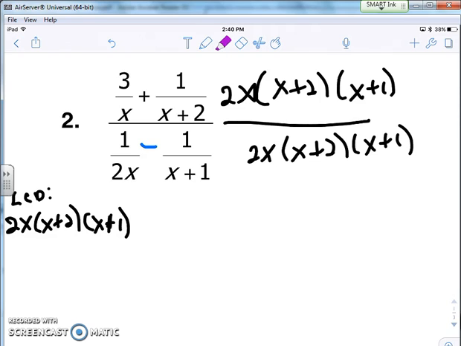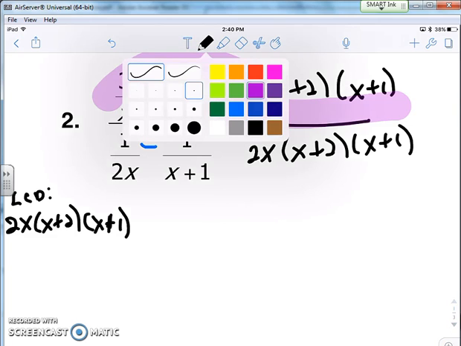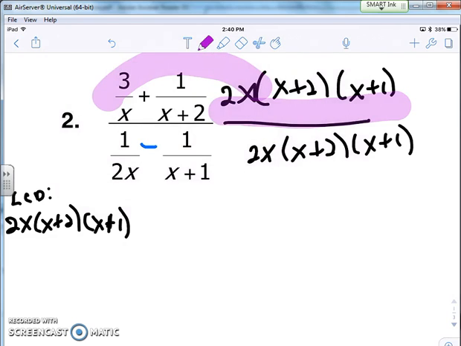Okay, so when I distribute the numerator to the 3x, we get the x to cancel, and we're left with 3.